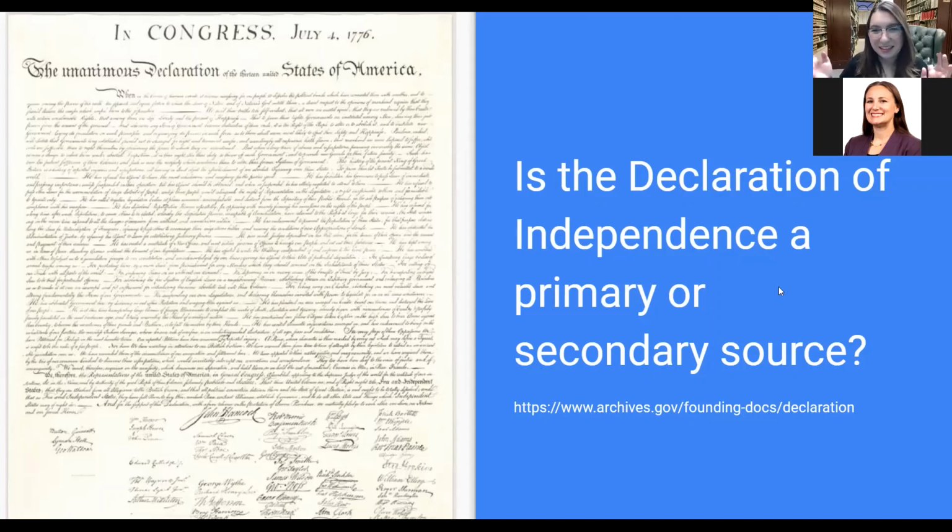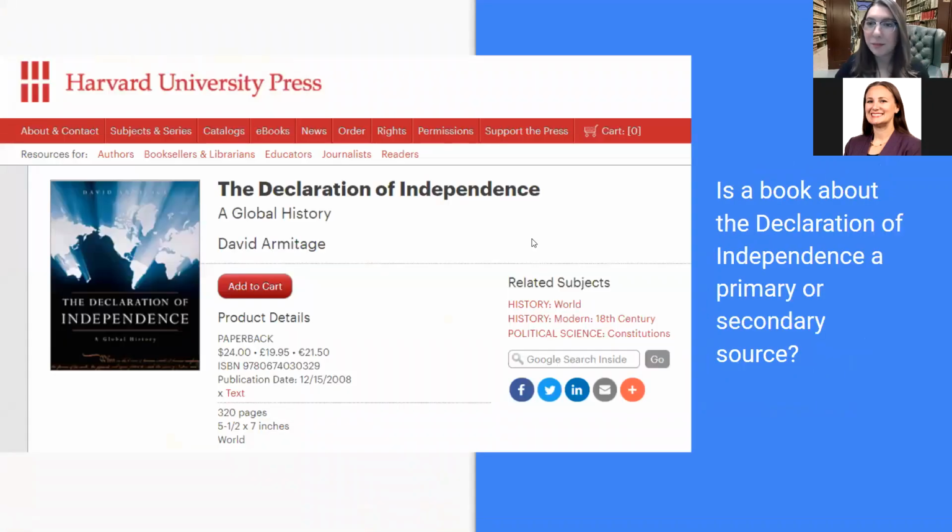So yes, it's a primary source. Thank you. Primary, if you remember, means it was an original document written at the time by the person themselves, versus a book about the Declaration of Independence published recently, right? Published in 2008, that would be a secondary source. The secondary source usually talks about the primary source from a different perspective, right?